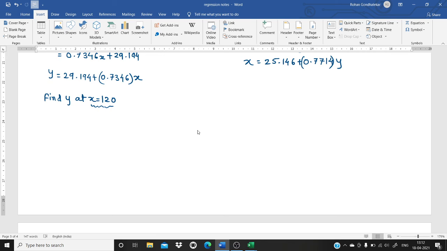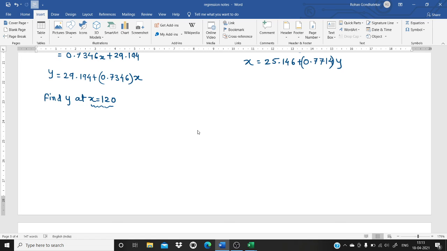Now, this is very important to select a correct equation to find y. See, I have the two equations, line of regression y on x and line of regression x on y. So y on x, what does it do? If x is known, you get y. And if you know the y value, you can estimate x by using line of regression x on y.